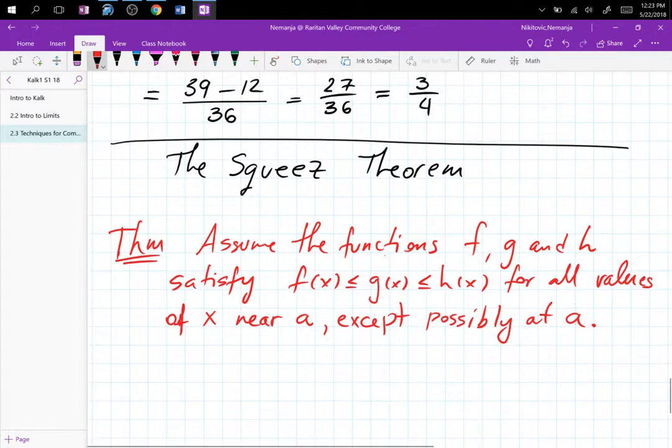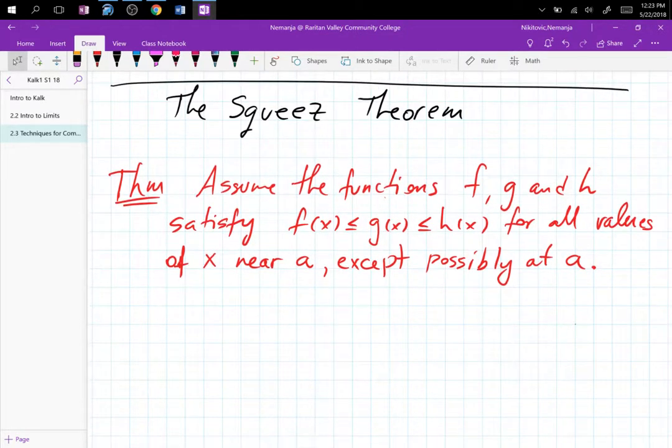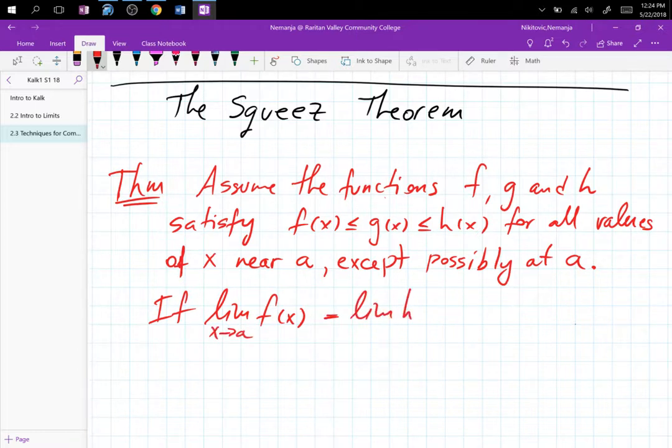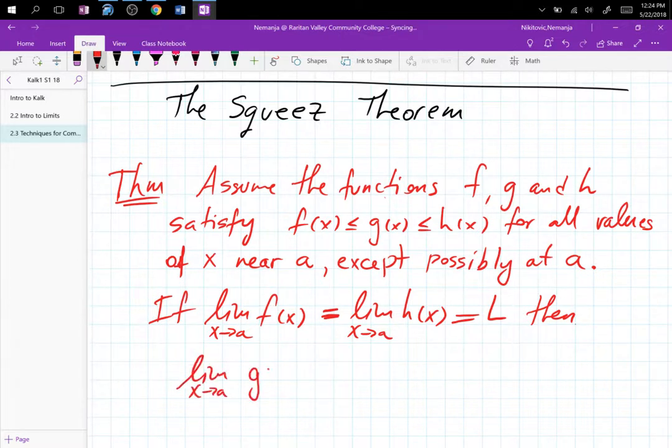Remember that limits don't care about the point. So if the limit of f of x as x goes to a is the same as the limit of h of x as x goes to a, and all of those are equal to L, some same value, then the limit as x goes to a of g of x is L. Note that L was squeezed between f and h, sandwiched within.